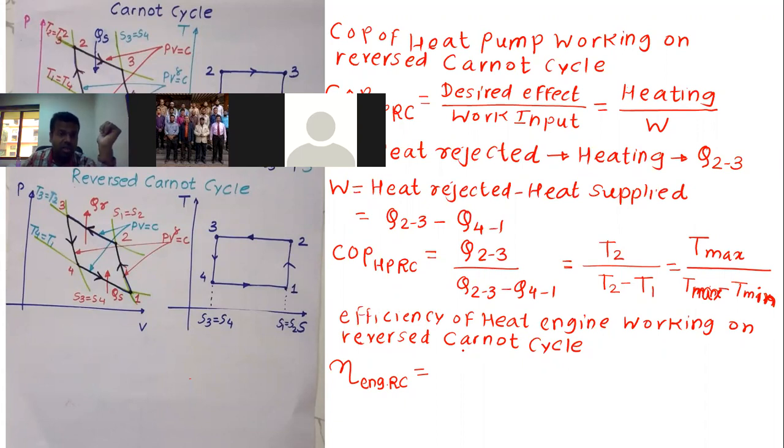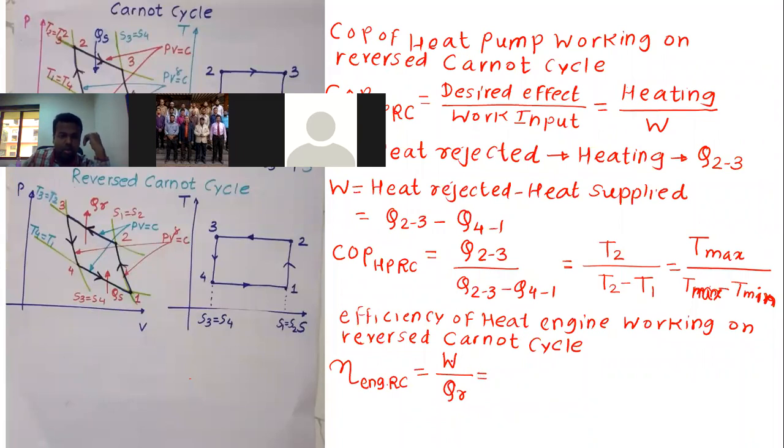In the last lecture we saw the difference between Carnot and reverse Carnot, right? So efficiency is given by work done upon what? You can say efficiency of the reverse Carnot engine is work done upon heat rejected.